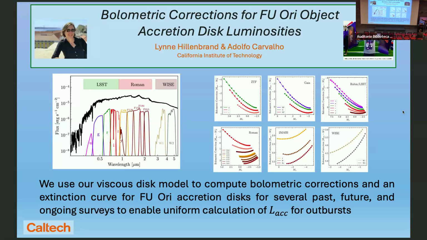We also have a couple of upcoming surveys, Roman and Rubin, that we provide. And then we have Gaia, in case that's useful to people, ZTF for anyone who works with that data, and WISE, of course. And we will be publishing those soon. I got a very chill referee report on Monday about it, so hopefully that'll be out very soon as I get a minute to respond to that.